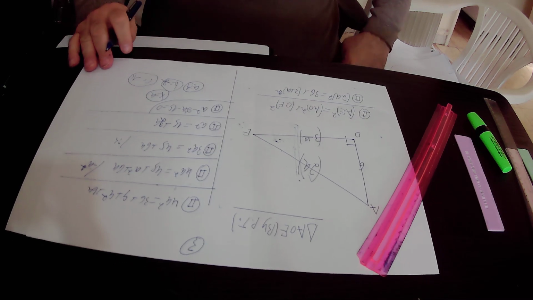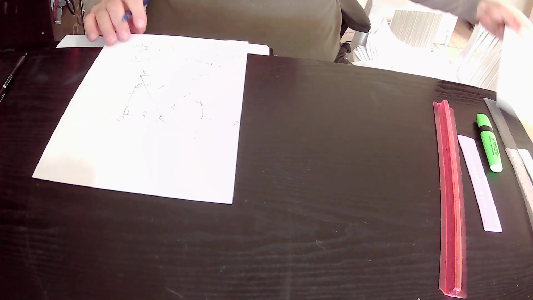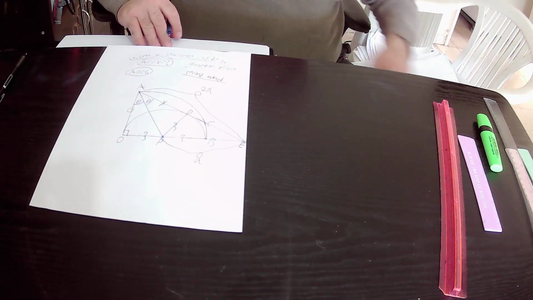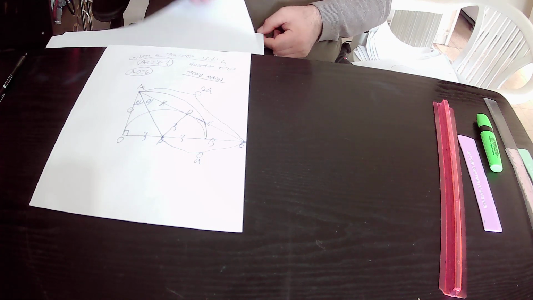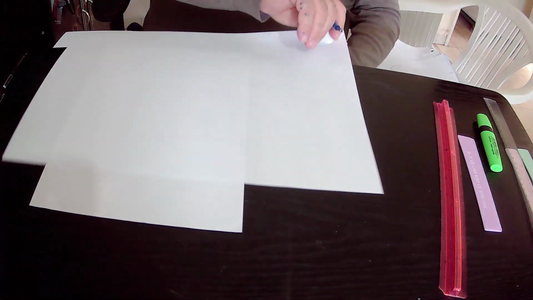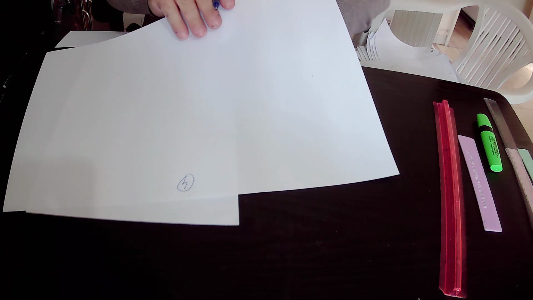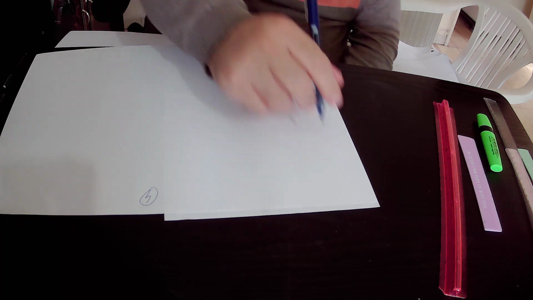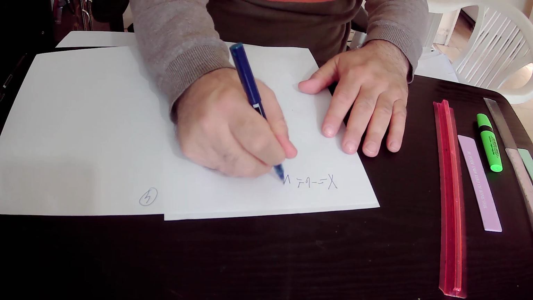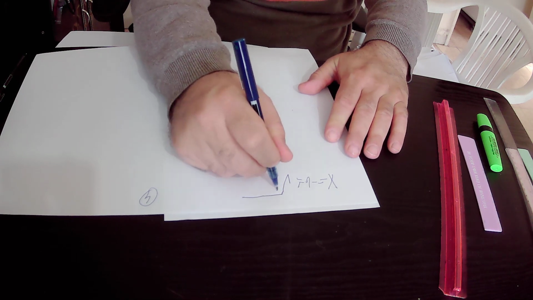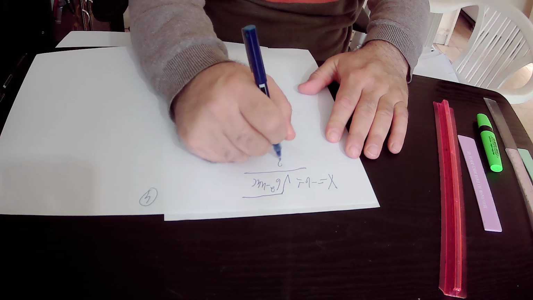Okay? And the general formula for solving a quadratic equation is x equals minus b plus or minus the square root of b squared minus 4ac, over 2a.